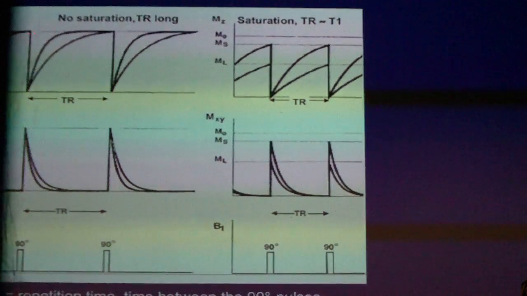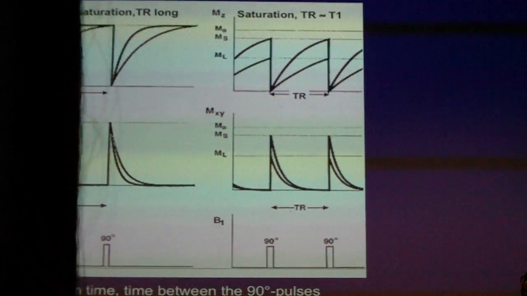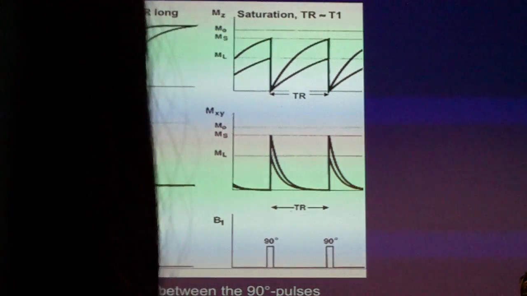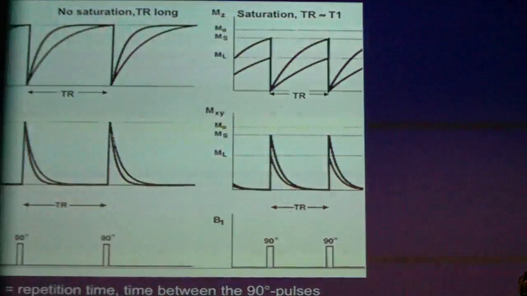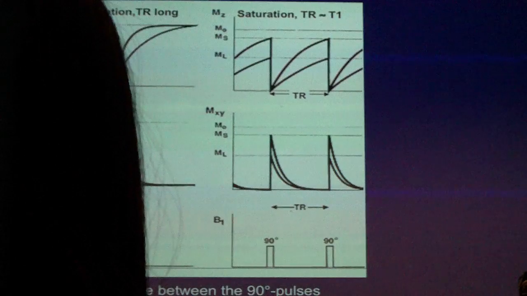First, your magnetization is here. You give the 90-degree pulse, and it's vanishing. Slowly it's returning to the situation that was there in the beginning. In this case, you wait for a long time until it's completely back. You start again with your next excitation.